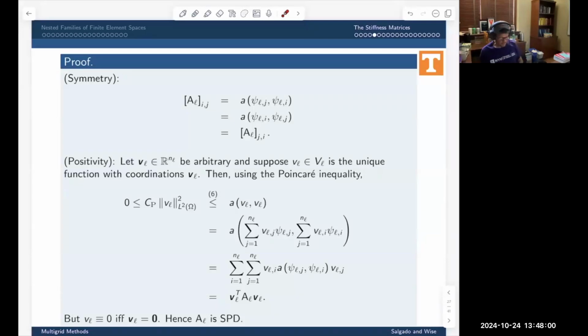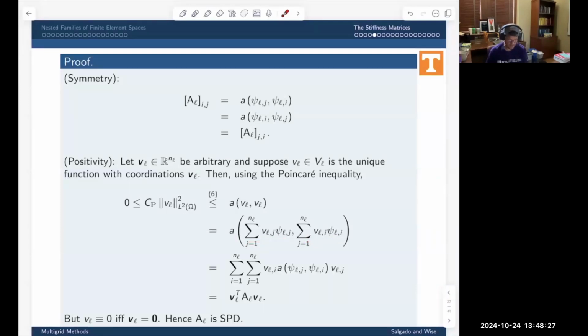Now, we know that the basis representations or the coordinate vectors for these guys in the basis representations in BL are just given by these vectors bold VL, right? And so that's this expression here. It just has some unique basis representation. Now, A is a bilinear form, so it's linear in both the first and the second components.